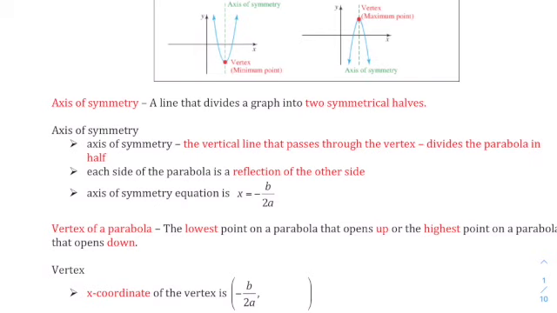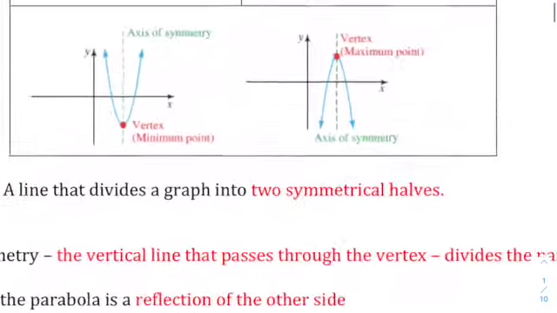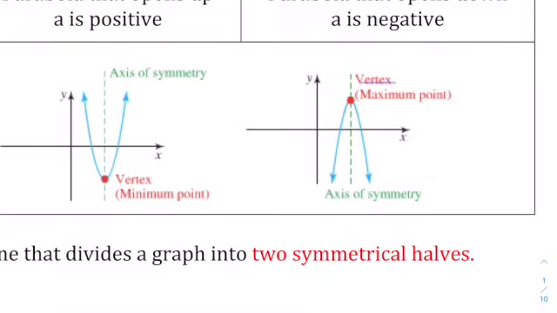The axis of symmetry equation is x equals negative b over 2a. If you know your a, b, and c, you can find the exact location of the symmetry line. On that line is the vertex, which is the highest or lowest point. In the picture above, this is the symmetry line and here's the vertex.